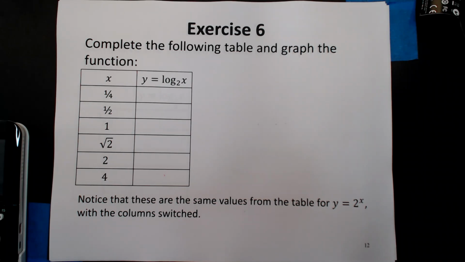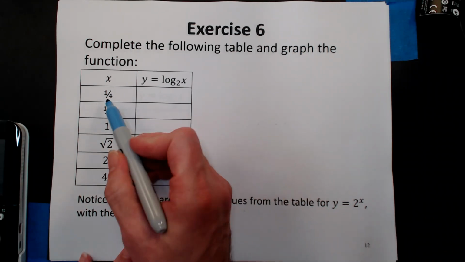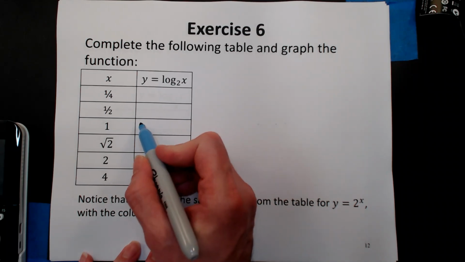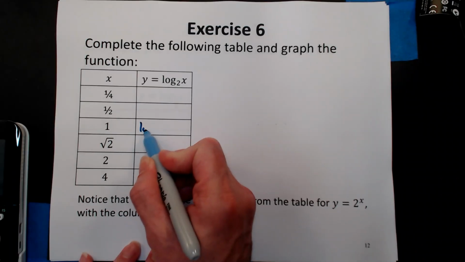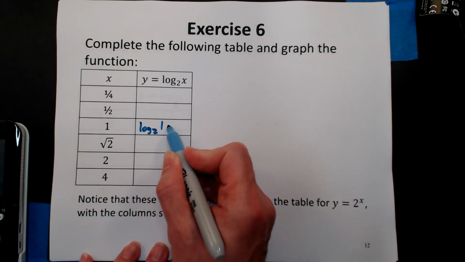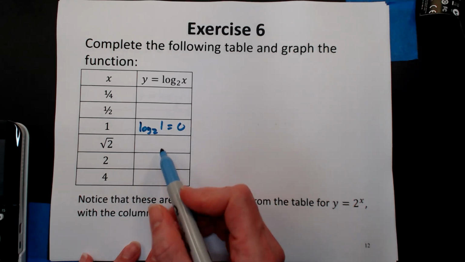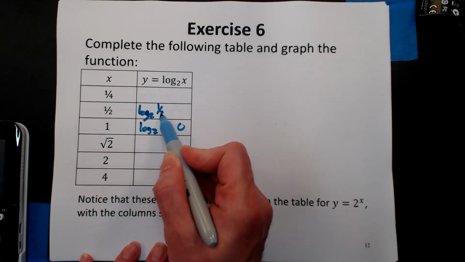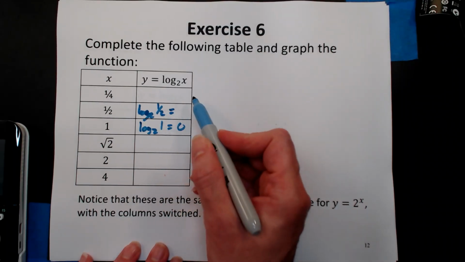All right, next, complete the following table and graph. Here we have log base 2 of x, and we want to figure out y. Log base 2 of 1 gives us 0. Log base 2 of 1/2: what do I raise 2 to get 1/2? That gives me -1.